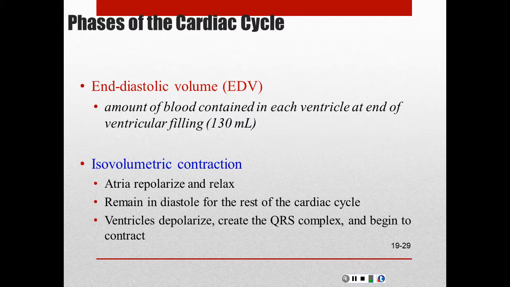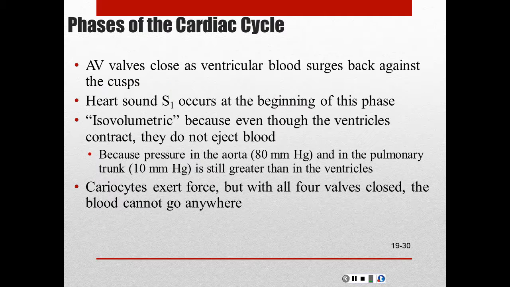Pressure in the aorta, which is about 80 millimeters of mercury, and the pulmonary trunk, which is approximately 10 millimeters of mercury, are still greater than the pressures in the ventricles, with all four valves closed, and the blood cannot go anywhere.